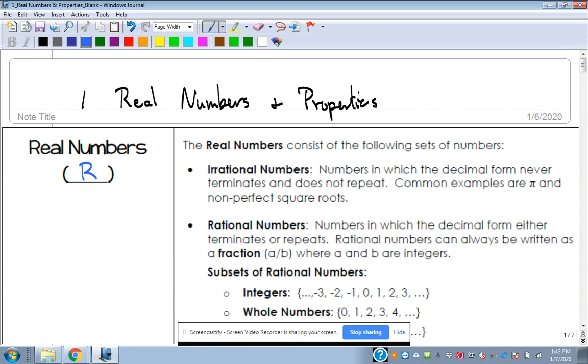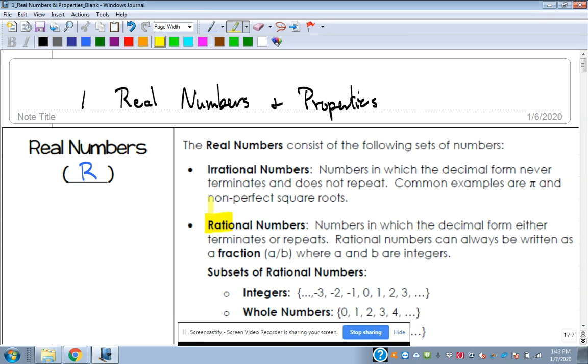And then the rational number system, or the numbers in the rational number set, are numbers in which the decimal form either terminates, stops, or it repeats. Rational numbers, look at the first 5 letters of the word rational. What word is that? Ratio.